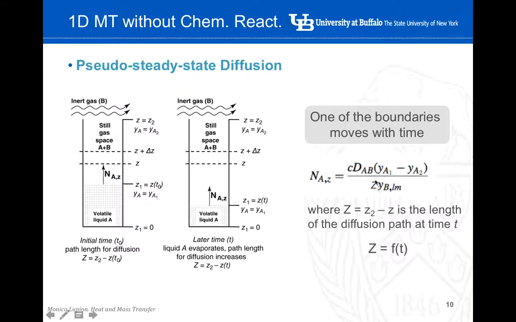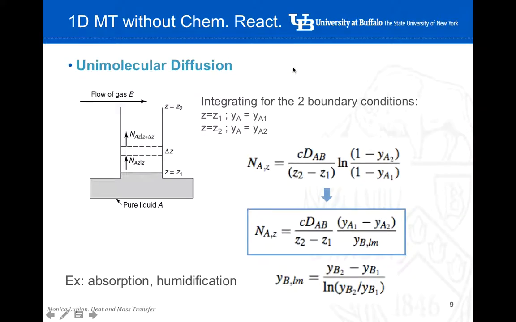We define theta as the difference between the length at the top minus theta, which can be changed with time. So theta is a function of time. That's the main difference between this case and the case of the unimolecular diffusion that we just covered.